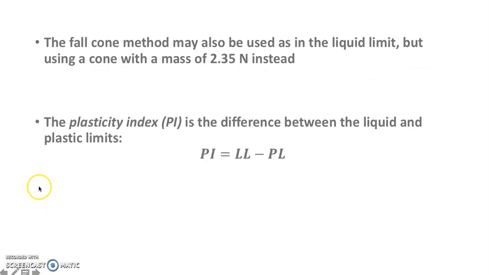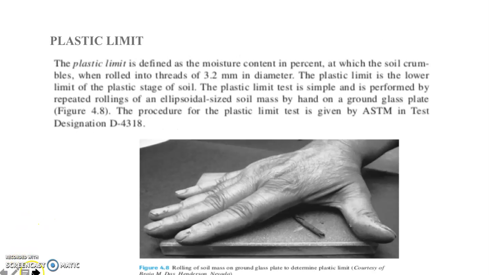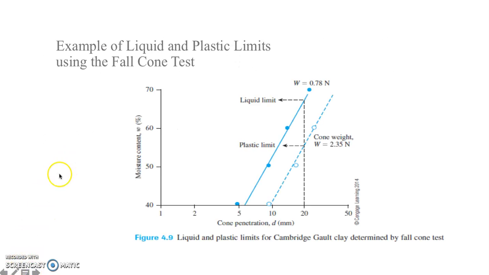So the fall cone method may also be used as in the liquid limit, but using a cone with a mass of 2.35 Newton instead. So basically for our plastic limit, you can make use of the fall cone method, wherein you're going to have still the same procedure as what we have done on our liquid limit, how you're going to obtain the trials.